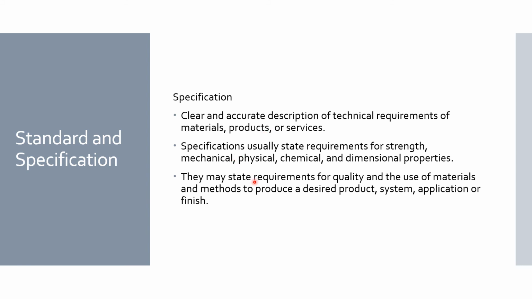A specification is just a description or requirements for your materials, your products, and services in your business. Something that you want your product to do comes with the specifications. Specifications usually state the requirements for your mechanical, physical, and chemical properties, so your strength, mechanical, physical, chemical, and dimensional properties.